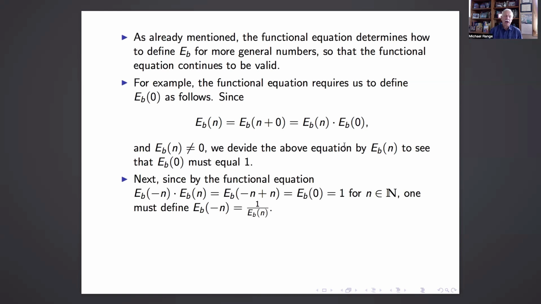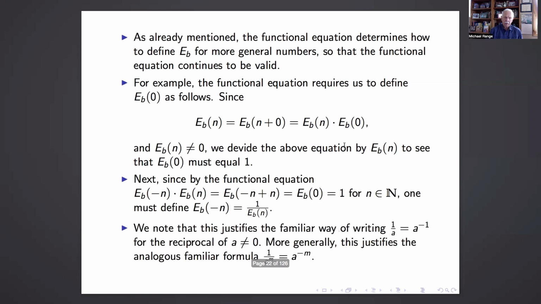So one must define E sub b at minus n as the reciprocal of E sub b at n. We note that this justifies a familiar way of writing 1 over a as a to the power minus 1. More generally, this justifies the analogous familiar formula 1 divided by a to the power m is equal to a to the power minus m.